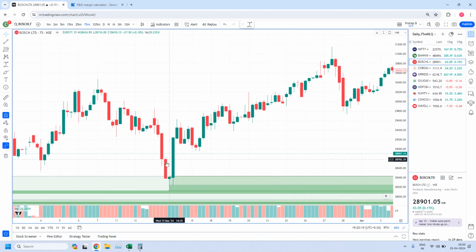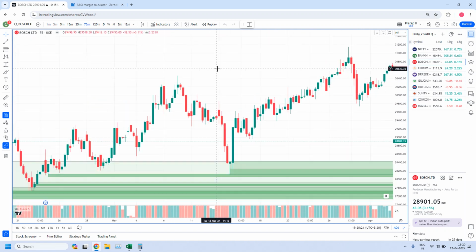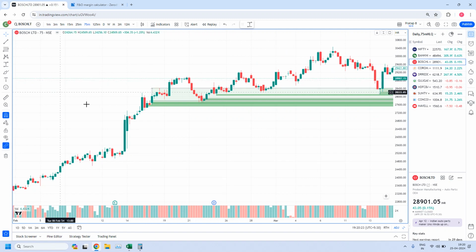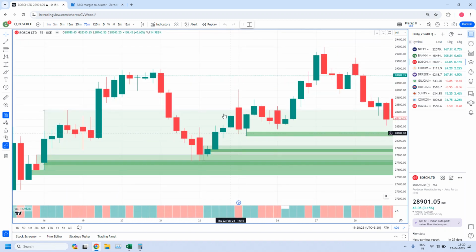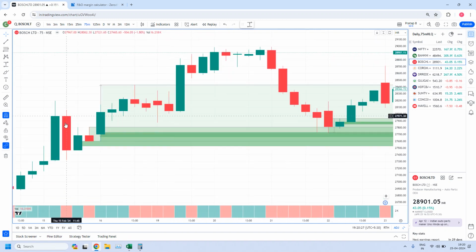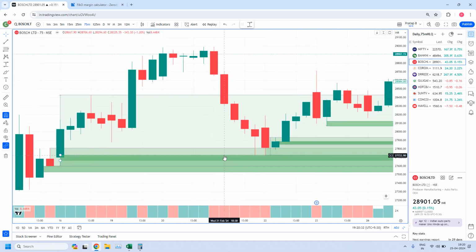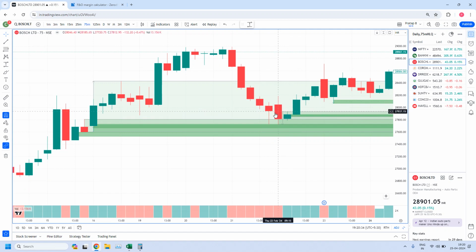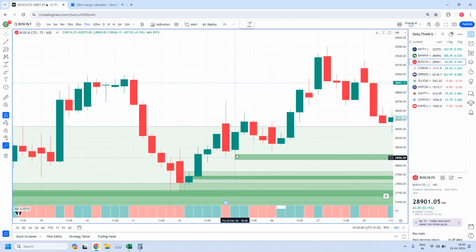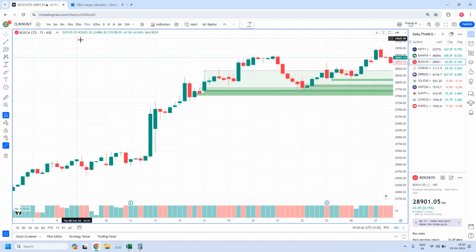Here we have a recently created drop, base, rally, and a previously created rally, base, rally. And here again you have LOTL, one more LOTL, drop, base, rally also. So in total we have 3 75-minute high liquidity zones available here.